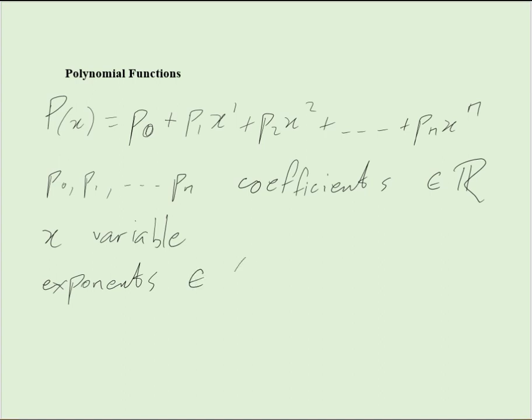This is the symbol for integers, just as a reminder. So this means we do not include, for example, x to the power half, which we normally write as the square root of x, and of course we do not include x to the negative 1, which is 1 over x.